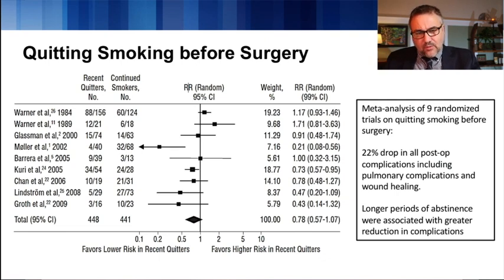So people who quit 3 weeks prior to surgery showed an average of a 22% drop in all postoperative complications. That includes pulmonary complications and wound healing, and this also showed that longer periods of abstinence were associated with greater reduction in complications, meaning that if you can get somebody to quit a month before surgery or 6 weeks before surgery, the longer that they're quit, the more those postoperative complications decrease.